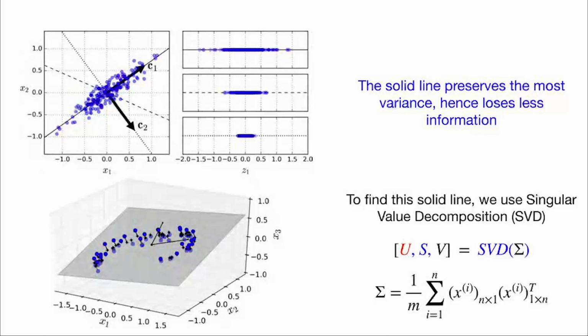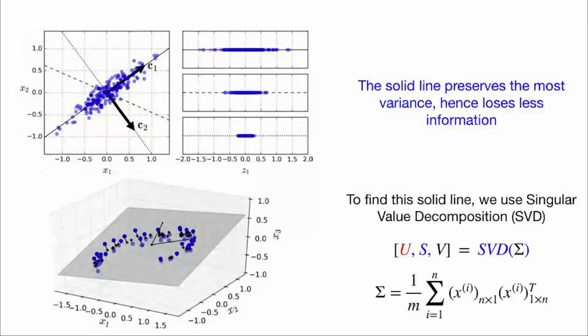Now, how do we do this? Basically, to find this solid line or to find this plane, we use singular value decomposition, SVD. Now, what is SVD? SVD, singular value decomposition, is a standard matrix factorization technique, and it gives you basically the eigenvectors, U, S, and V. Now you might say, what is that sigma there?